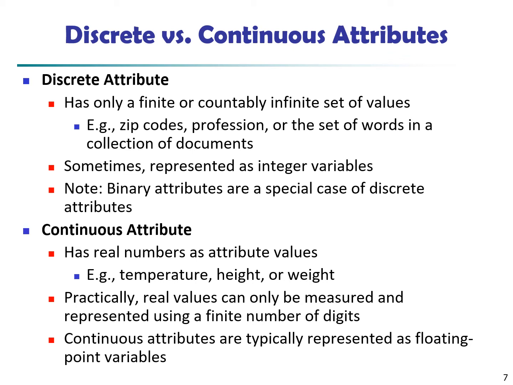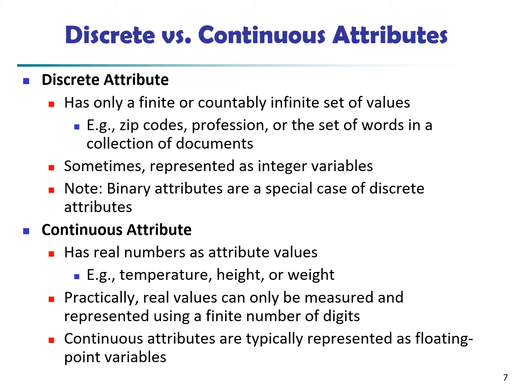Now, what we just mentioned are a different categorization of attributes. This is a second categorization of attributes. We first classified them based on the data types and their characteristics. Now we're going to describe them based on their continuity.